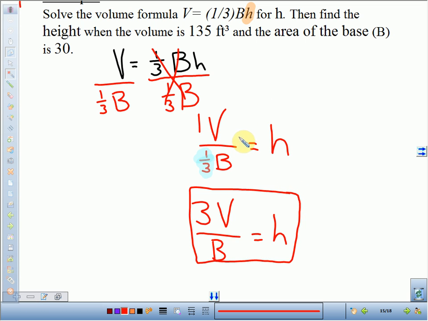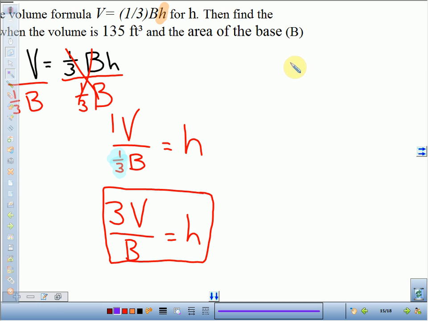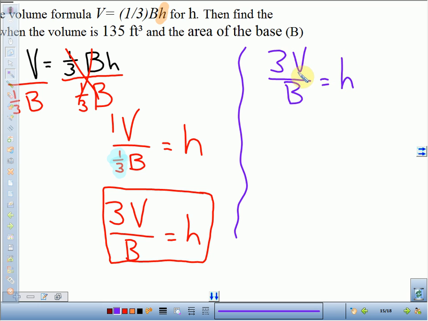The second half of the question says that we want to find the height, H, when the volume is 135, so V equals 135, and the area of the base, B, is 30. The first thing I need to do here is rewrite my formula, 3V over B equals H. Now I want to replace the variables that I'm given, the volume and the area of the base, with the numbers.